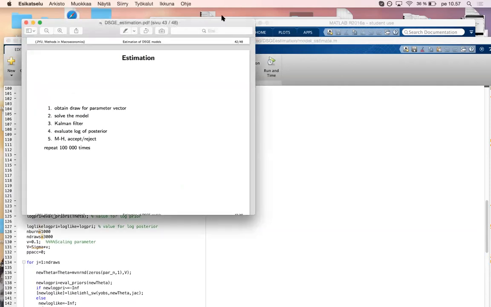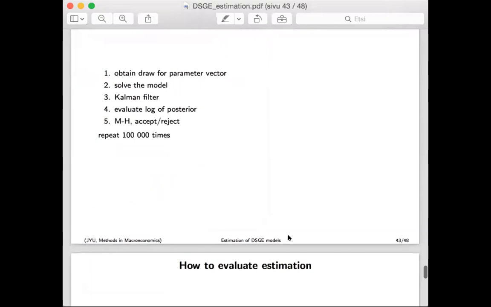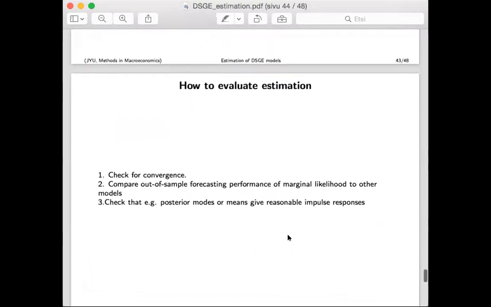Okay, so these are the parts that one needs to have in the code when one estimates a DSGE model. Then how to evaluate estimation? One is to check for convergence, so that the starting values don't matter and the simulation has converged to the stationary distribution.